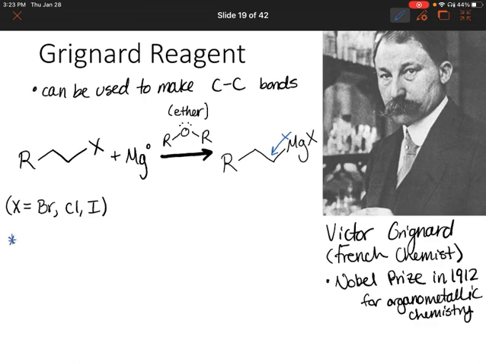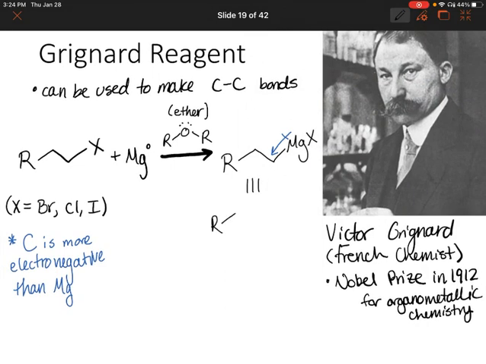Let's make a little note: carbon is more electronegative than magnesium. So this actually does have some ionic character. We could also draw this as carbon having a negative charge and magnesium having a positive charge.